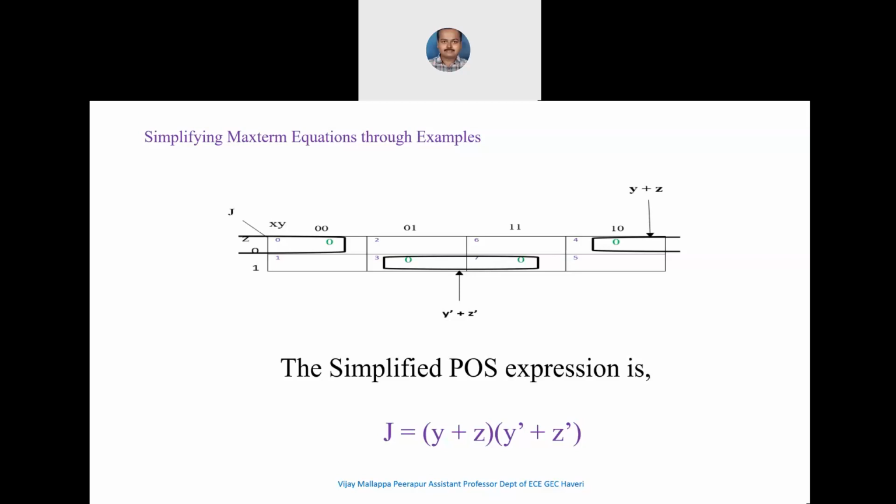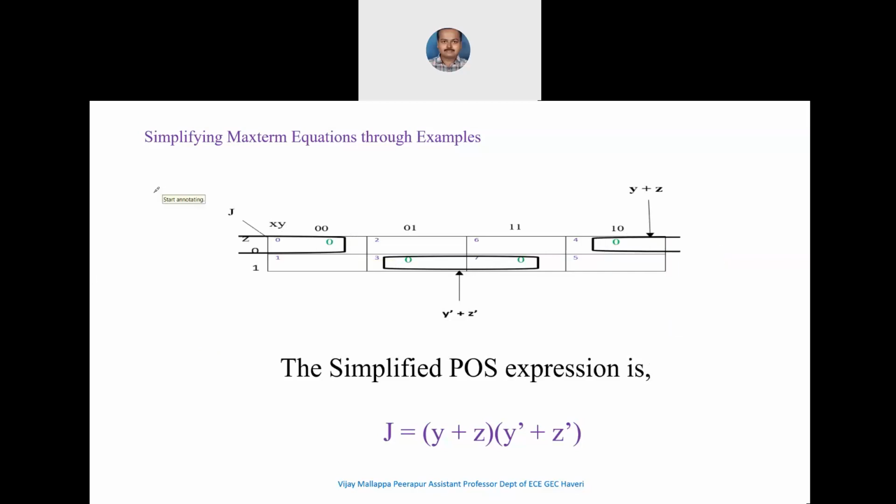Now, take an example. If you have any confusion in writing the max term, the one thing you should remember is that max terms are nothing but the complement of the min terms. You grouped the 0 here. How do you write the min term equations?